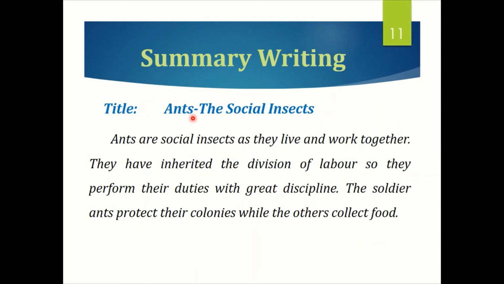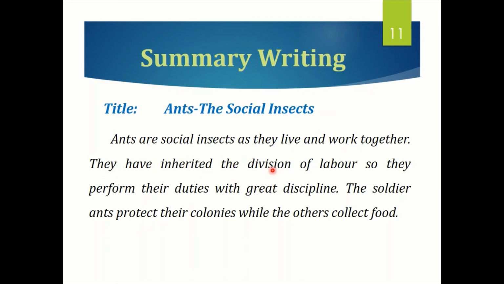The title should be Ants, the Social Insects. Ants are social insects as they live and work together. They have inherited the division of labor. So again, as I told you in the previous two passages, sometimes very important information is at the last, which should be in the first. So we should put the important information first, and we should arrange it. So we have written this sentence here.